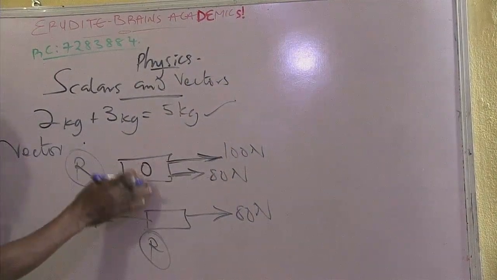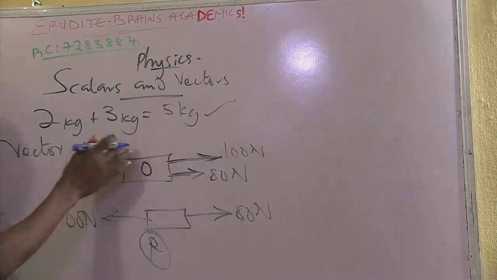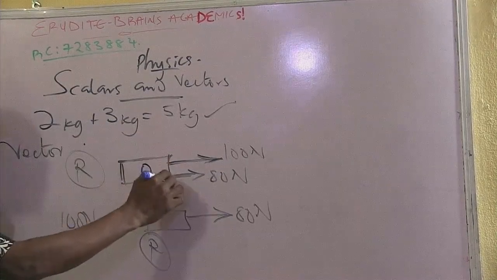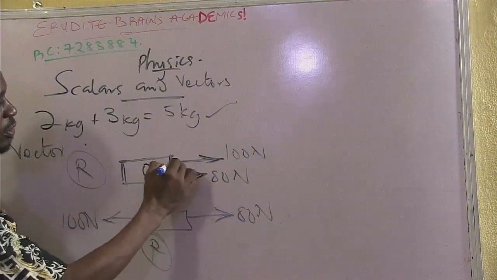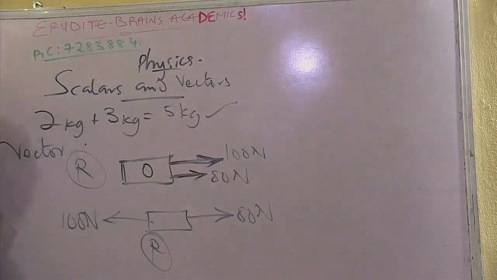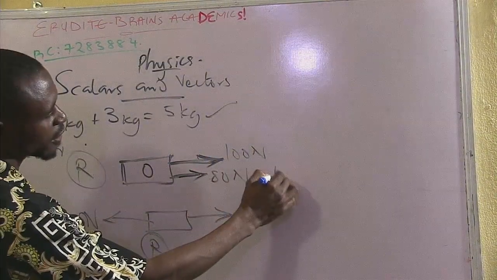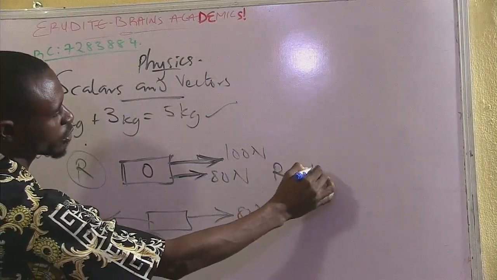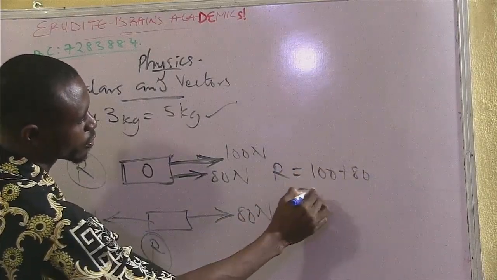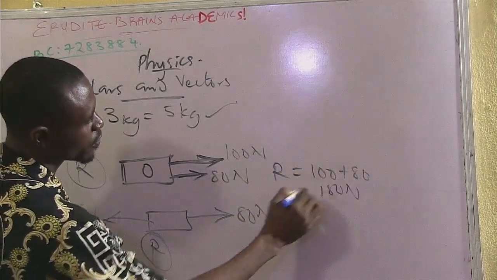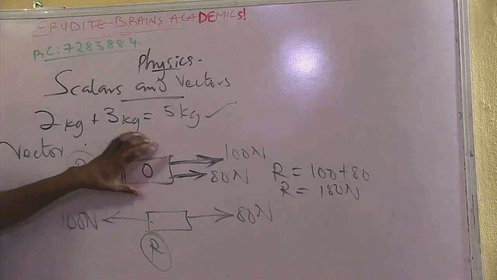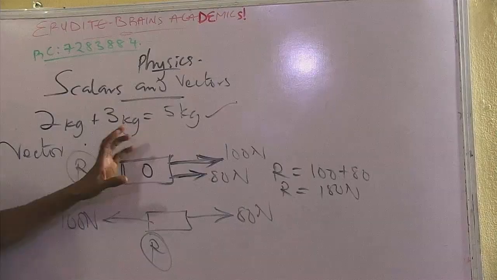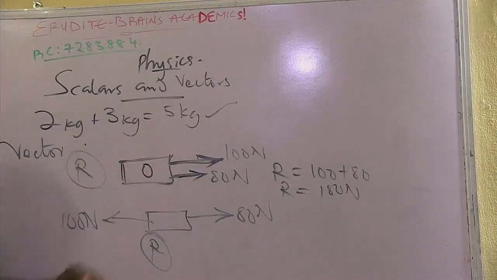Now if you are told to calculate the total force that this body is experiencing, because they are both in the same direction, the total resultant force is going to be 100 plus 80. So you have your resultant force here to be 180 Newton. It means that this particular body is going to be experiencing 180 Newton of force applied on it.